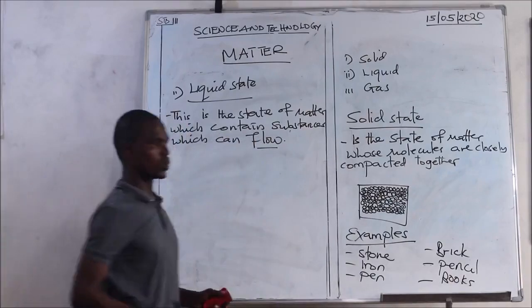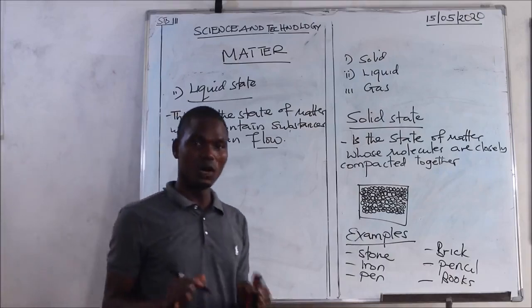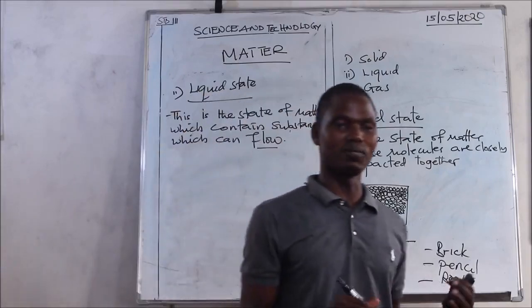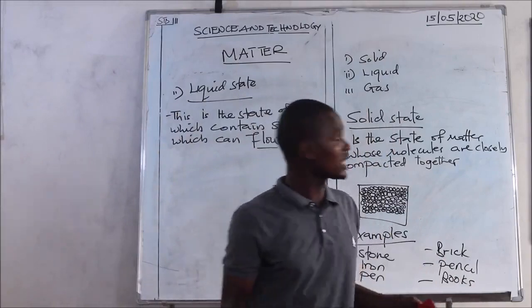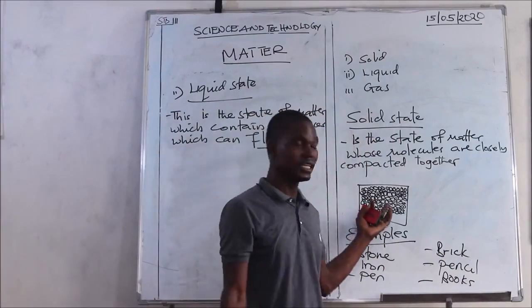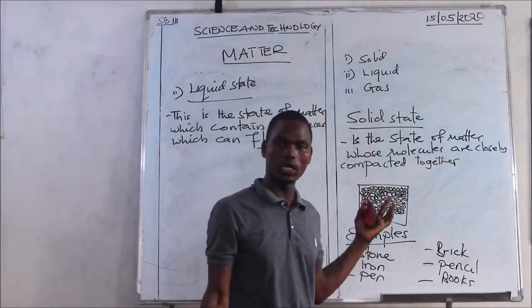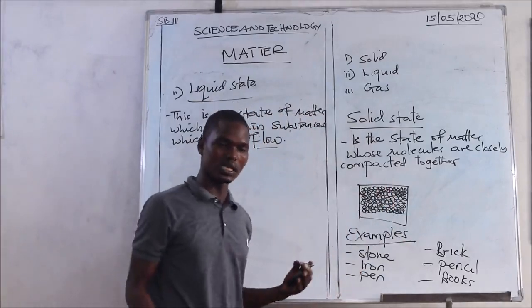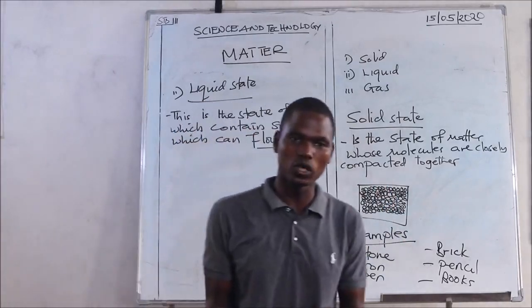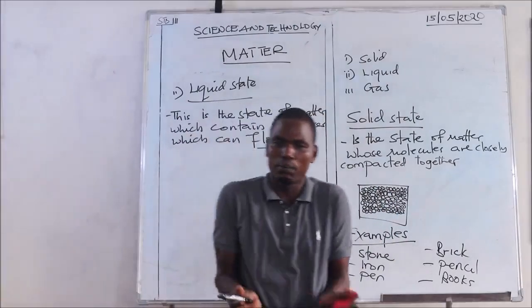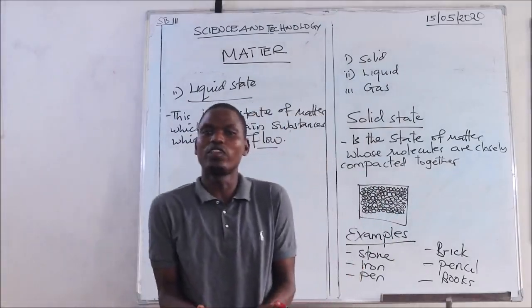Substances which can flow. I have just said that the molecules in this state of matter are not as close as those in the solid state. That is why, if you take an example of water, water cannot stay at the same place if it is out of the container.